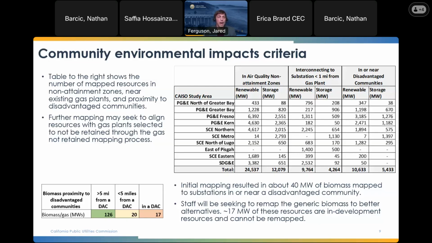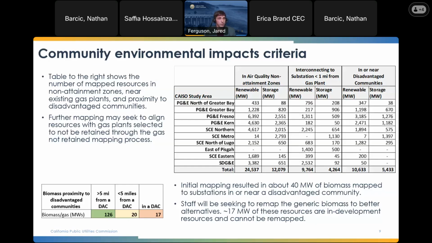And then on the bottom here, I just want to note this was new for this cycle: we did do this analysis for where we were mapping biomass plants. You can see here about 120 megawatts were mapped to substations that were greater than 5 miles from a disadvantaged community, while about 40 or so megawatts of biomass are located near or in a disadvantaged community.